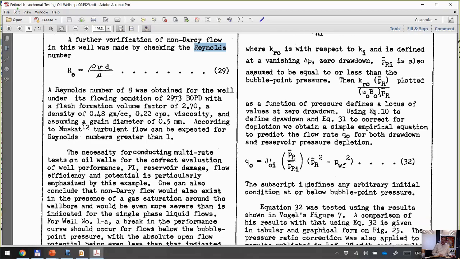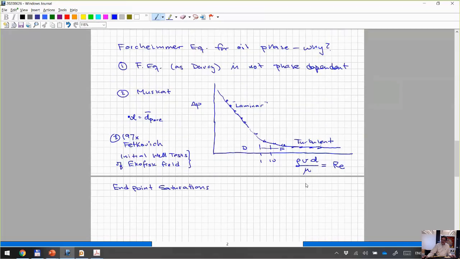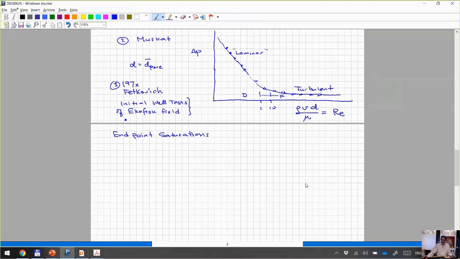So the reason that you would potentially want to use it is that these guys are saying there's no reason not to use it. The oil viscosity of Ekofisk was 0.2, so it's a light, low viscosity oil, and there is experimental evidence in the laboratory from Muskat and from the field, Fetkovich, that says light oil wells can in fact flow at velocities that deviate from Darcy's law.